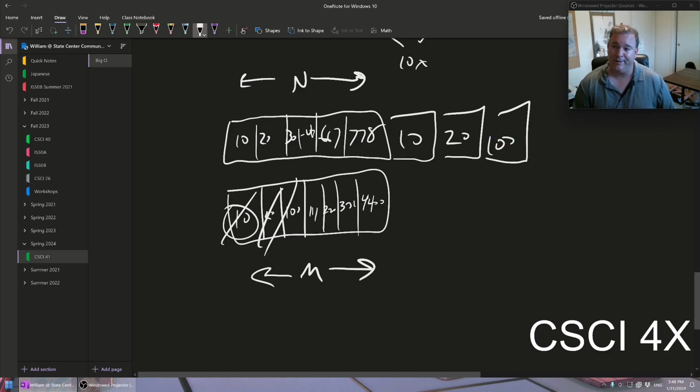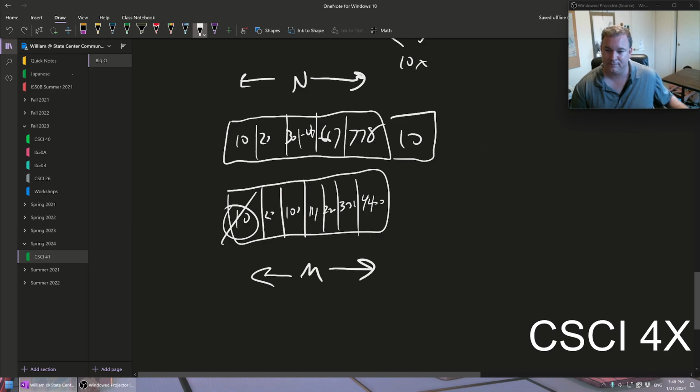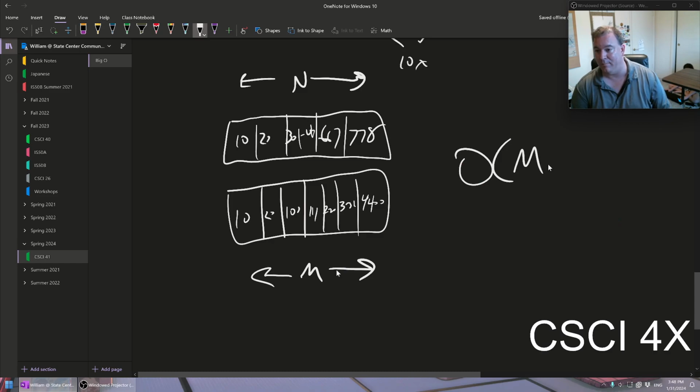How long is this going to take to run, to merge a vector of size n with a vector of size m, sticking the second one at the end of the first one? We're not making a new vector. What do you guys think? Order m is correct. This would be an order m merge.